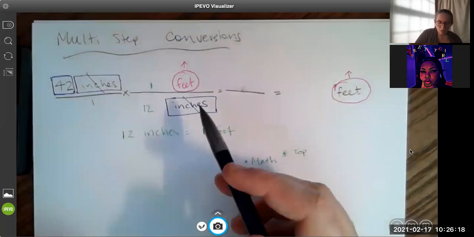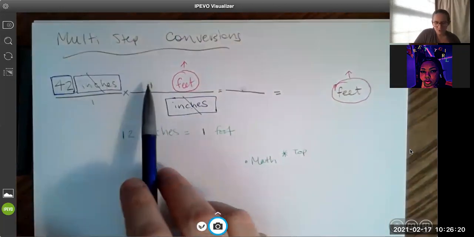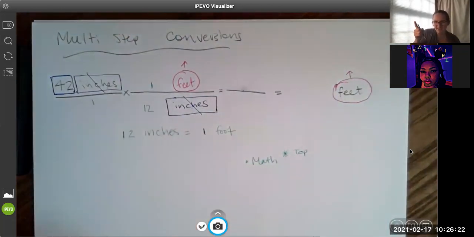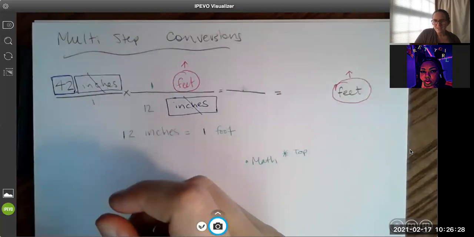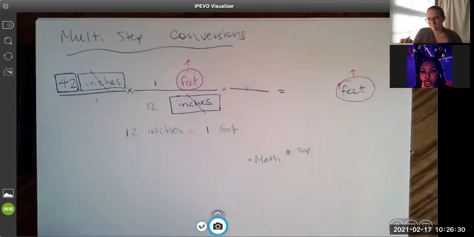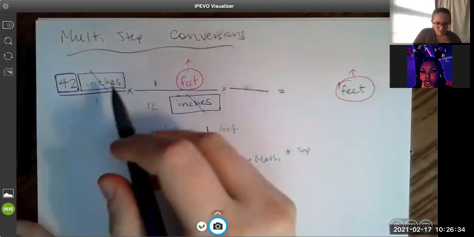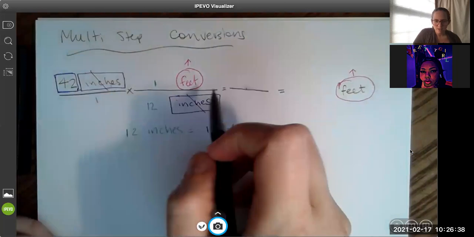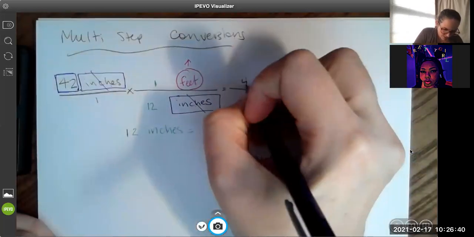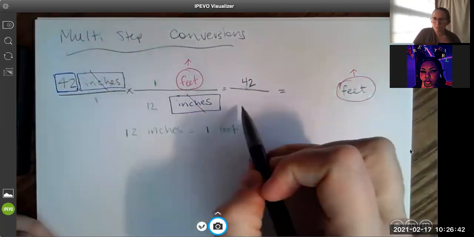So if we multiply all the stuff on the top, 42 times 1 is? It's going to be the same answer because anything times 1 is the answer. There you go. Yes. So that number is 42. Awesome.